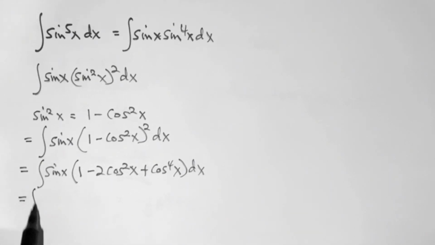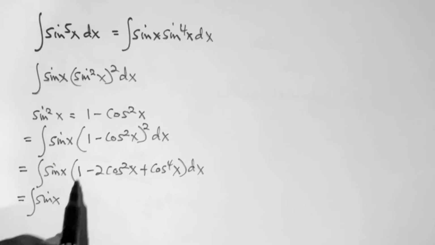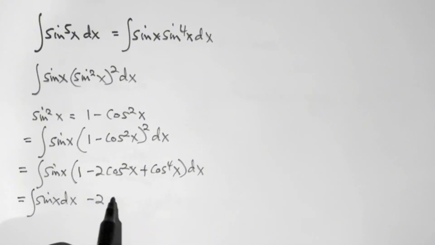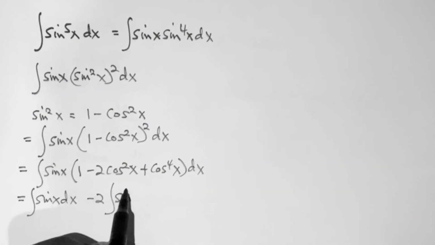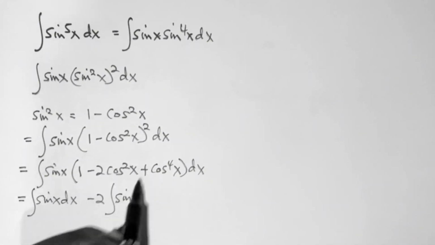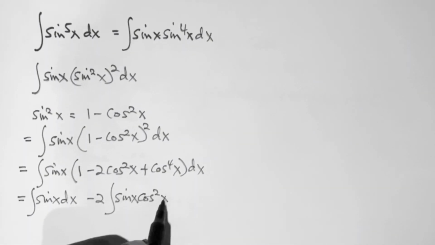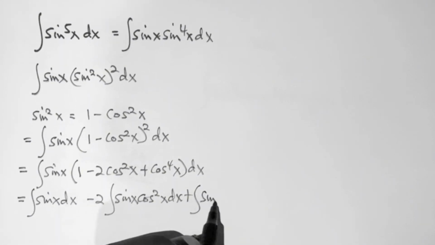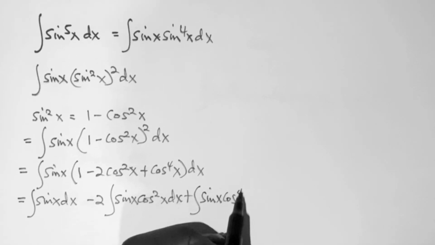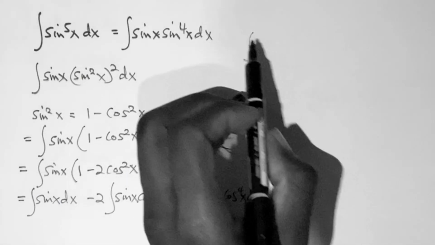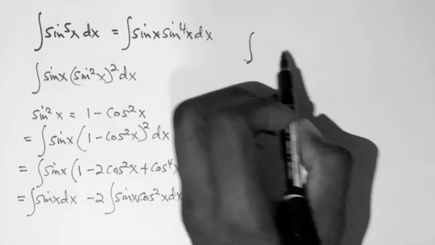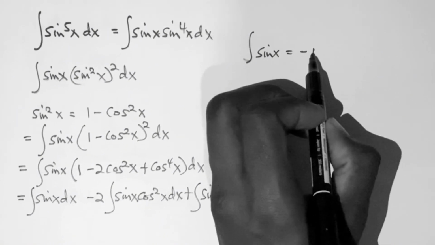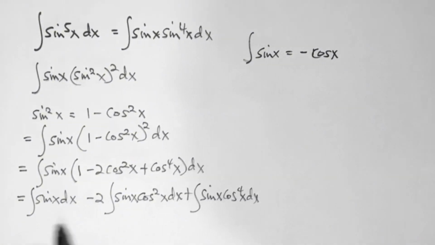So this becomes the integral of sine x dx, minus 2 times the integral of sine x cos squared x dx, plus the integral of sine x cos exponent 4x dx. If you integrate sine x, it is equal to minus cos x. So we are done with this part.